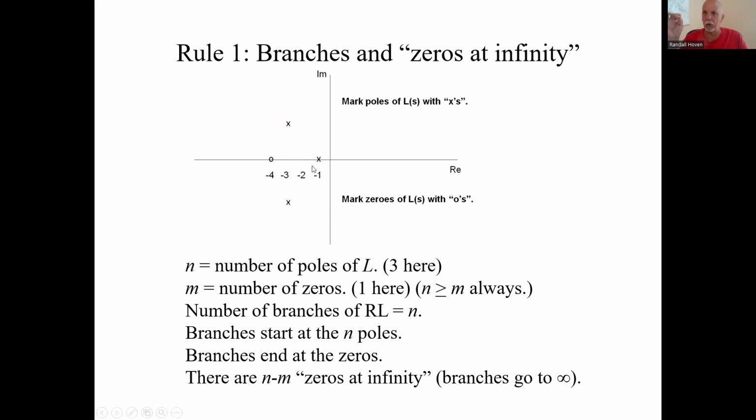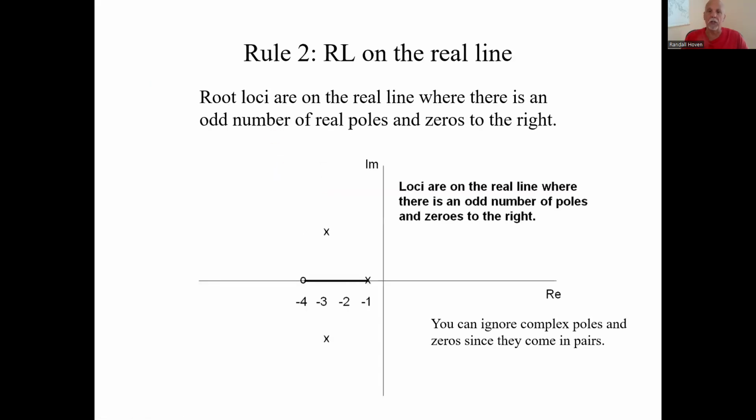By branches, we mean root loci, where the roots of the closed loop characteristic equation will go as k goes from 0 to infinity. Those branches end at zeros. They're going to end here, but there's only 1 zero and 3 poles. There are n minus m. They call them zeros at infinity. They go off to infinity in some direction. So we're going to have one branch go into this zero, and 2 other branches go off to infinity someplace. Talk about that in later rules.